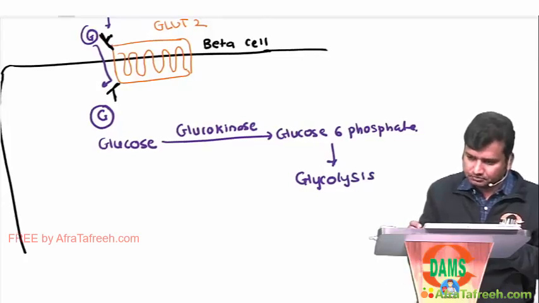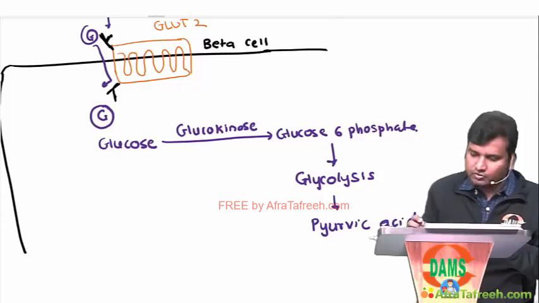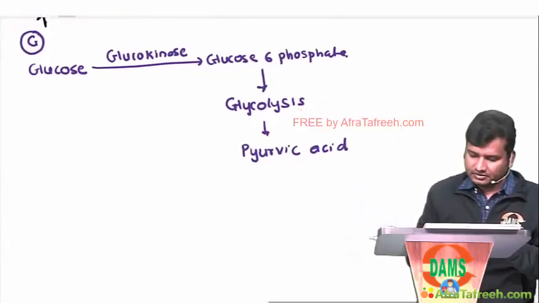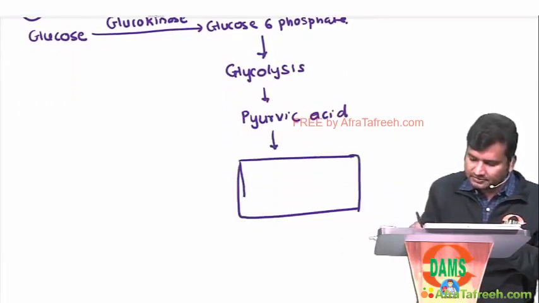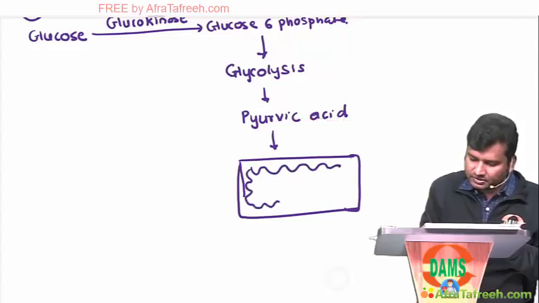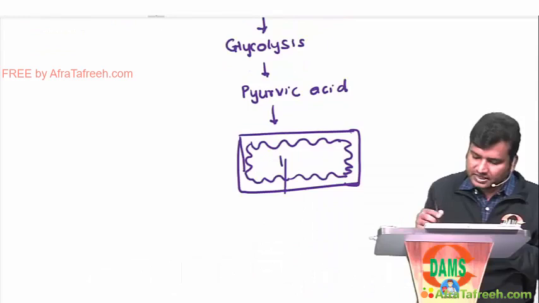and it will form pyruvic acid. This pyruvic acid will enter in mitochondria, and in mitochondria Krebs cycle or TCA cycle is going on.